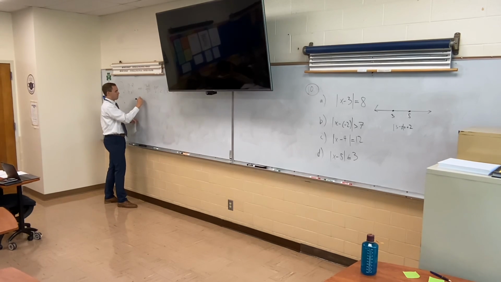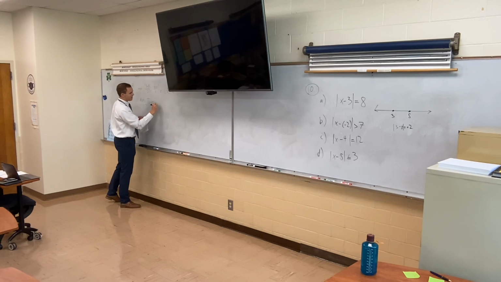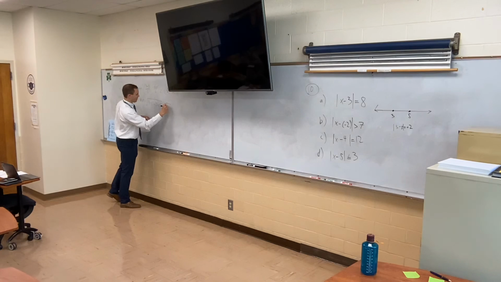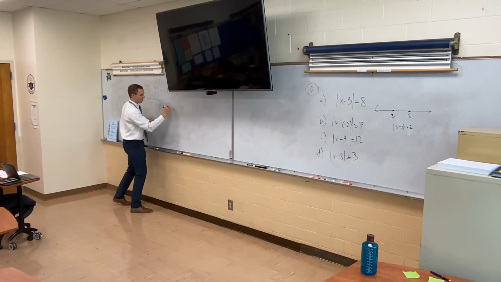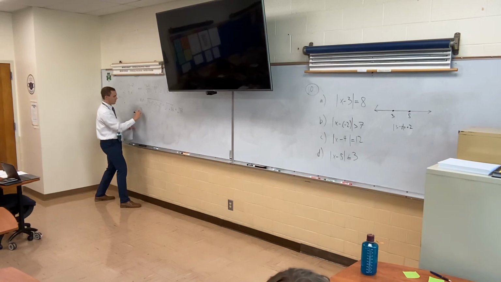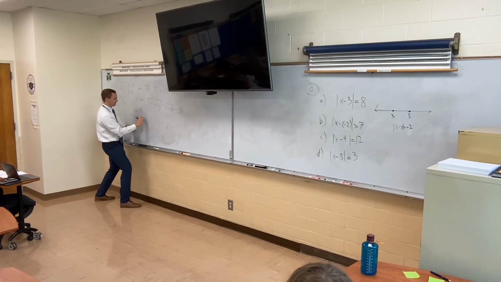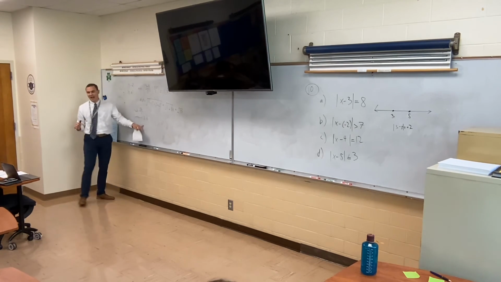The distance is going to be the square root of (4 - 3)² + (0 + 6)², the square root of 1 + 36, square root of 37. So the radius is the square root of 37 over 2, and the center is (7/2, -3). And I would use that, okay?